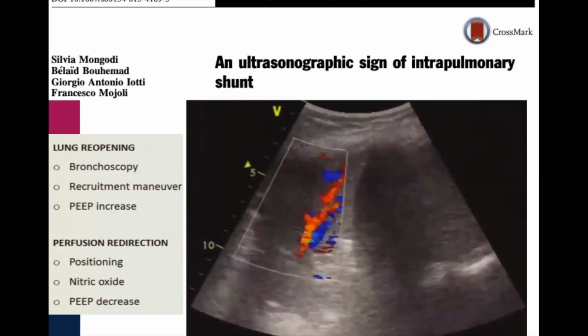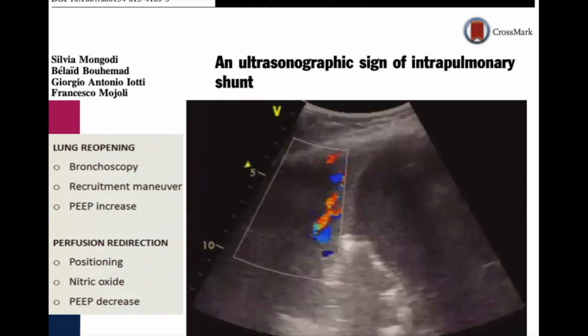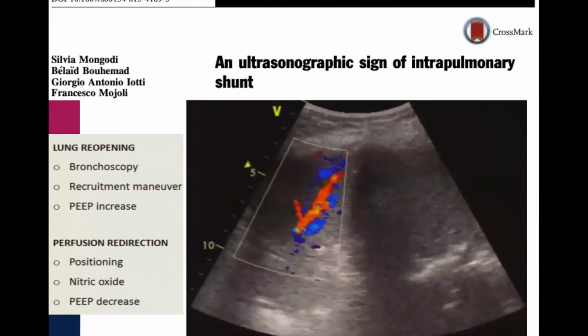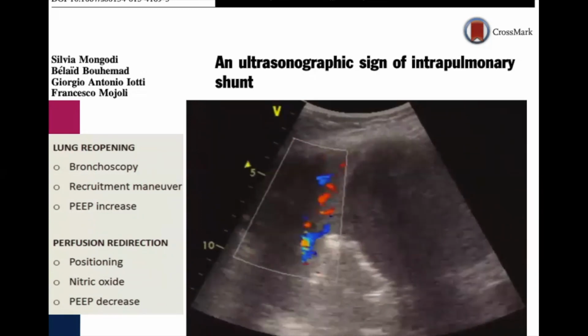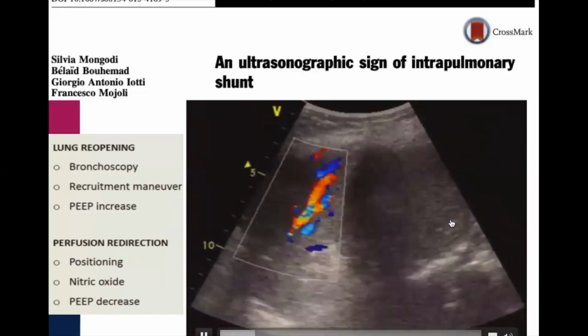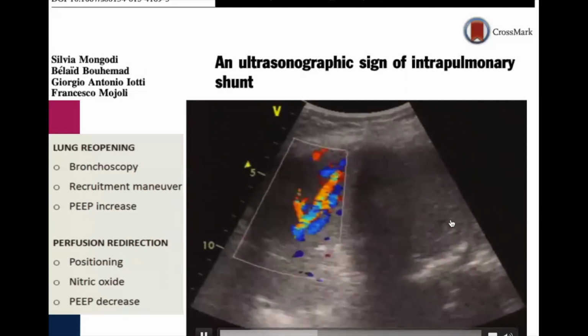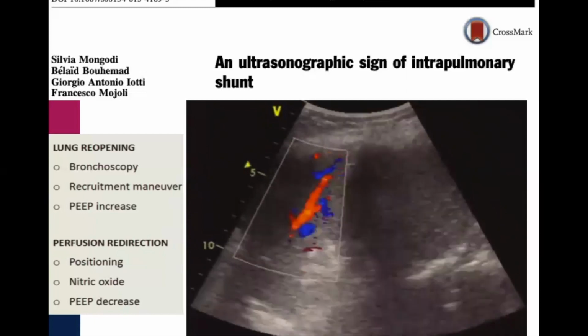We've all seen patients with large consolidations, but they're just breathing on room air without any distress. And then we're seeing another patient with that same consolidation in acute hypoxemic respiratory failure. And why is that?